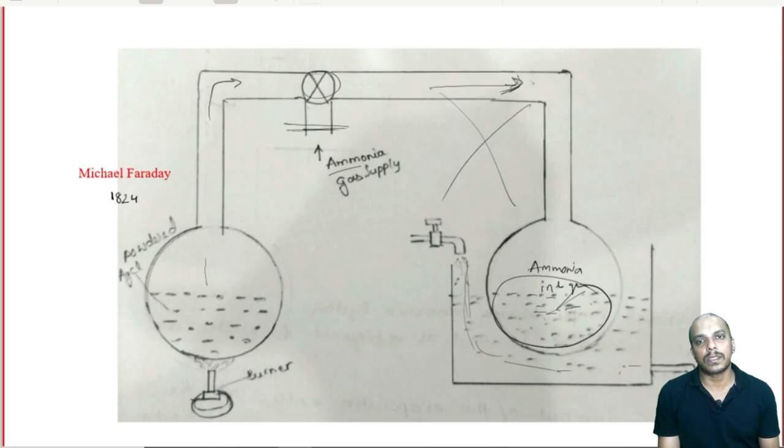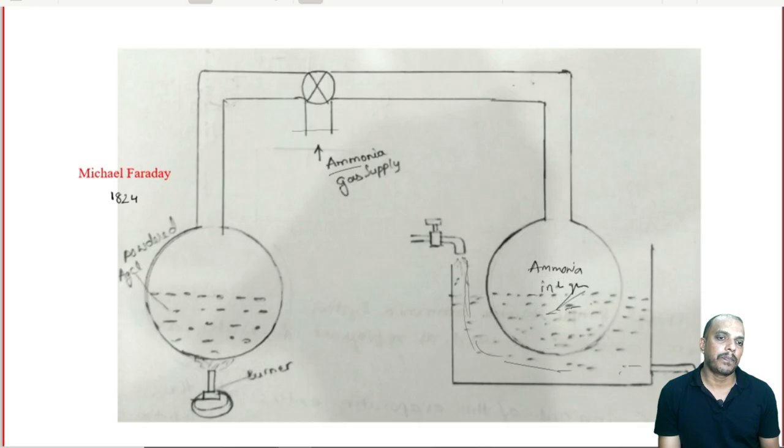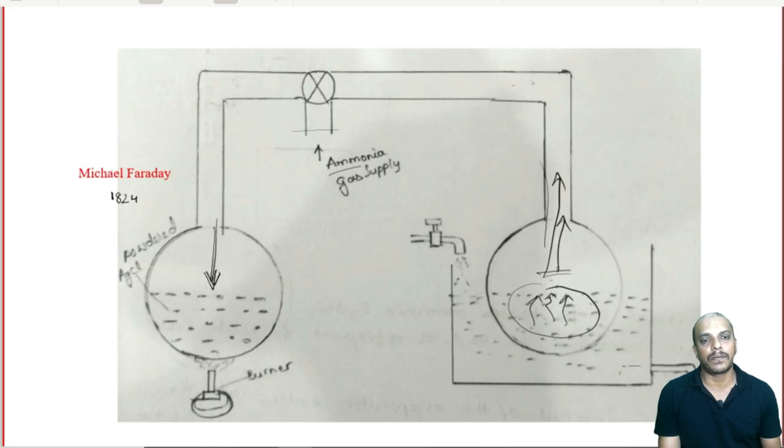Then he was fascinated by observing that this liquid ammonia after a certain time started evaporating and again it was absorbed by this AgCl powder. If this starts evaporating, then obviously liquid to vapor conversion is happening here, and latent heat of vaporization has to be absorbed from here.